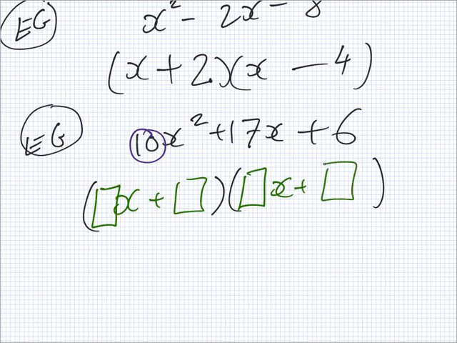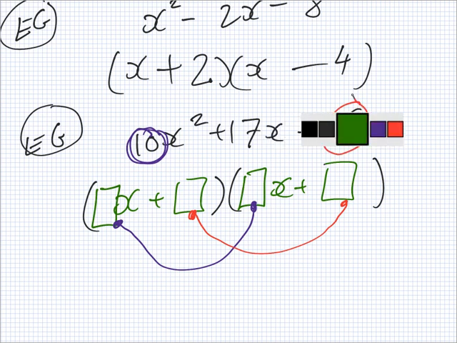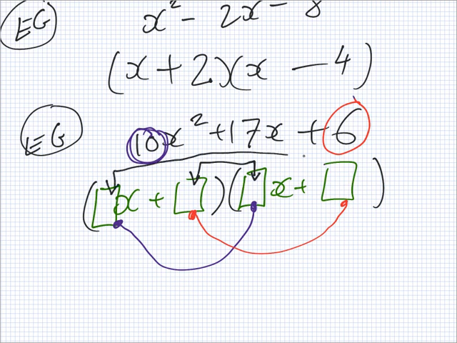Listen carefully, the way it works is like this. Those front two numbers must multiply to get what? Does anyone know? The 10. And the back two numbers multiply to get the 6.